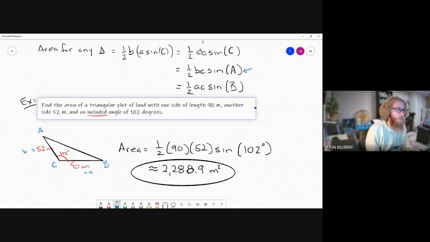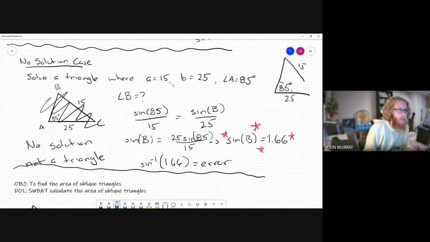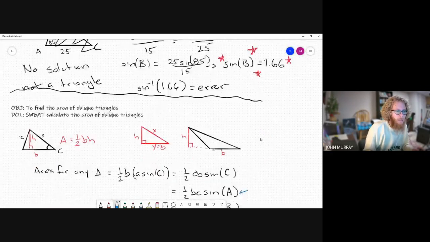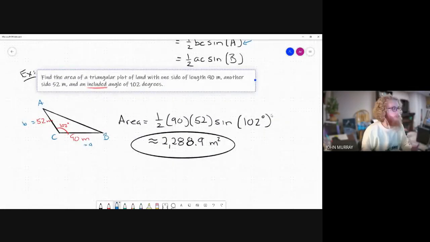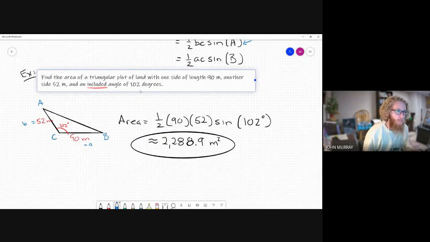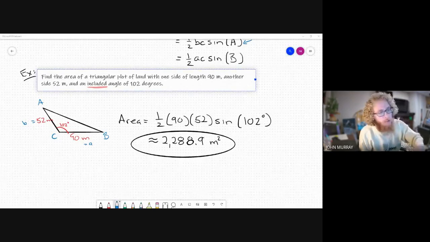Okay, you can use any of these and it kind of works that way. Right, in this case, we'd use this first one. Sometimes they might be specific, like the last example that we saw, where they tell you side A is 15, side B is 25. All right, then you have a little more guidance. But if you're just told the information, you can set it up however you'd like. All right, any questions?